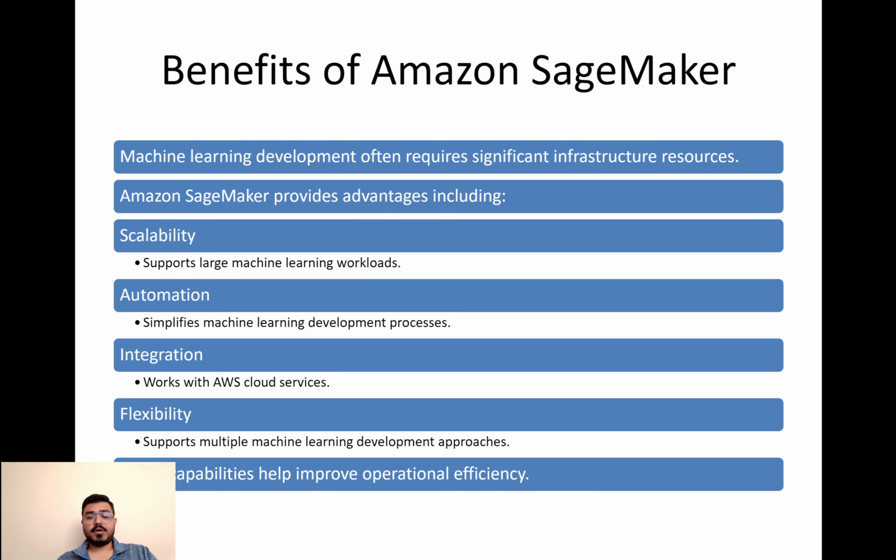Another important benefit is integration. Amazon SageMaker works well with AWS cloud services. These allow organizations to build machine learning environments more efficiently. Flexibility is another advantage. Different machine learning approaches and workflows can be supported depending on project requirements. These capabilities help organizations improve productivity and machine learning operations.